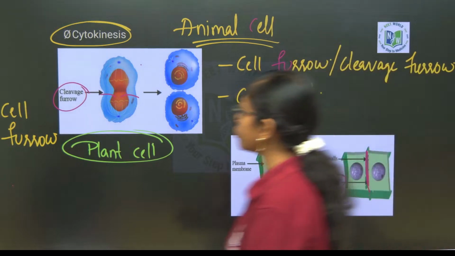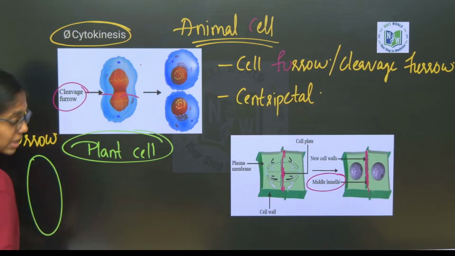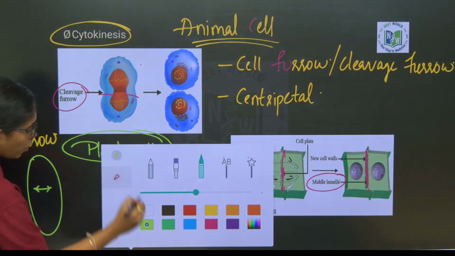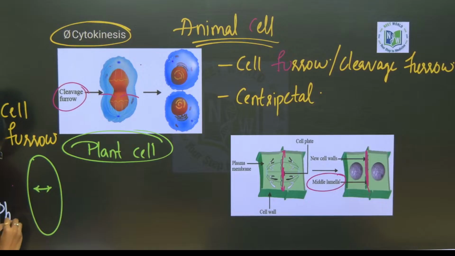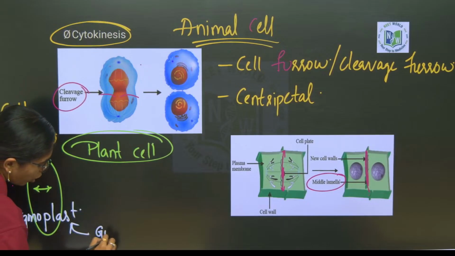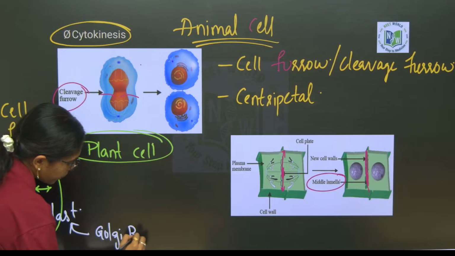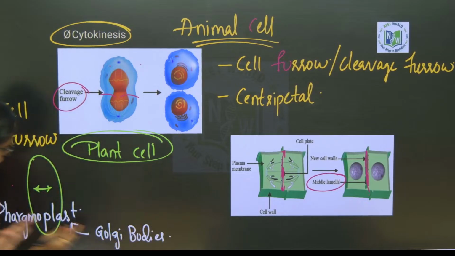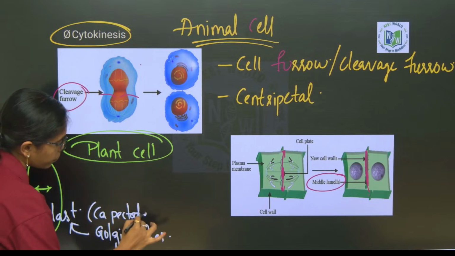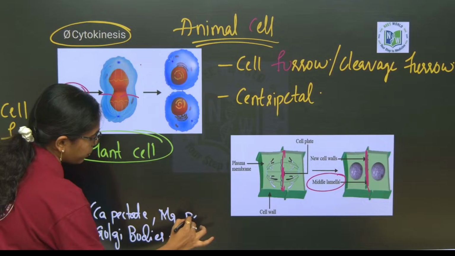Understood? So, first what is forming at the center? Phragmoplast is formed. This phragmoplast is synthesized from Golgi bodies, and they are rich in calcium pectate and magnesium pectate.